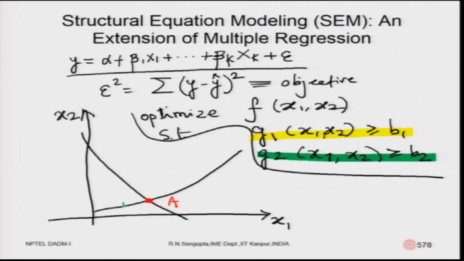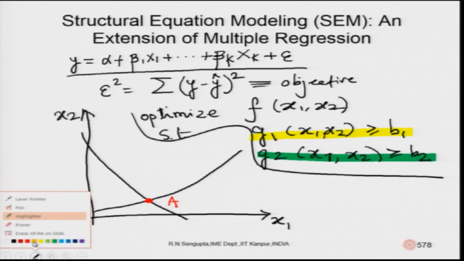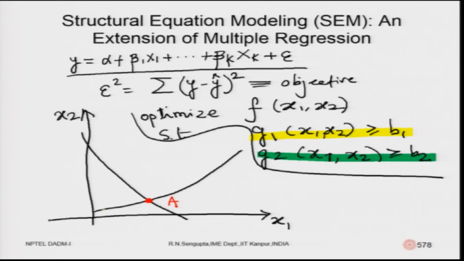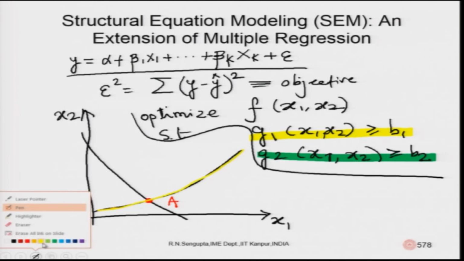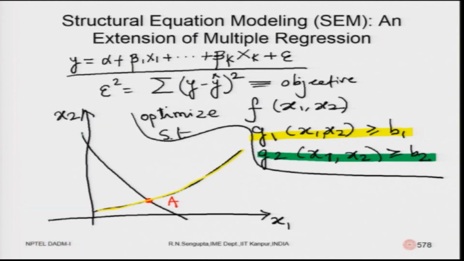The first function, g1, which is yellow in color, we will consider this is the point. Now I am going to highlight the equation as yellow for the first function, and equation 2 for the second function.